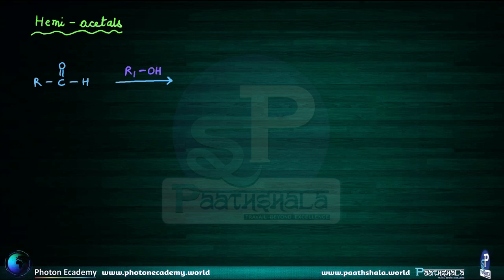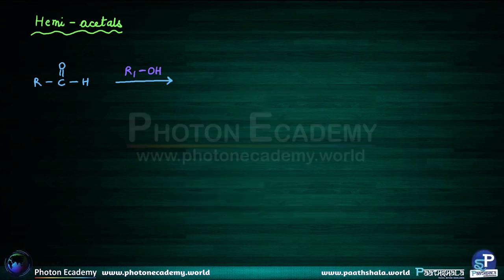So I've got an alkyl group over here, an alkyl group over here, so I'm putting an R1 here. Now, I take these two in an acidic medium. So acidic medium is H plus, so I'm sending an H plus also here.